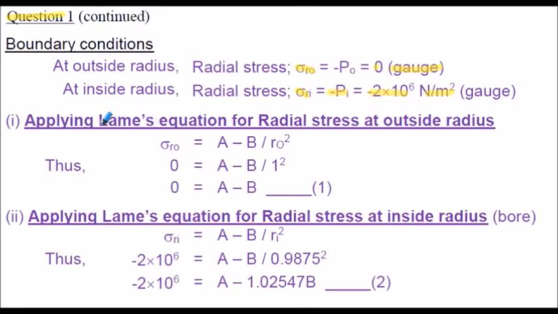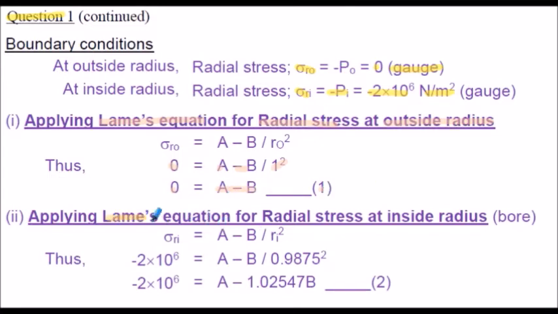Applying Lame's equation for the radial stress at the outside surface, that will be 0 is equal to A minus B divided by the outside radius, which is 1 squared. That simplifies obviously to 0 is equal to A minus B. Call that equation 1 here.